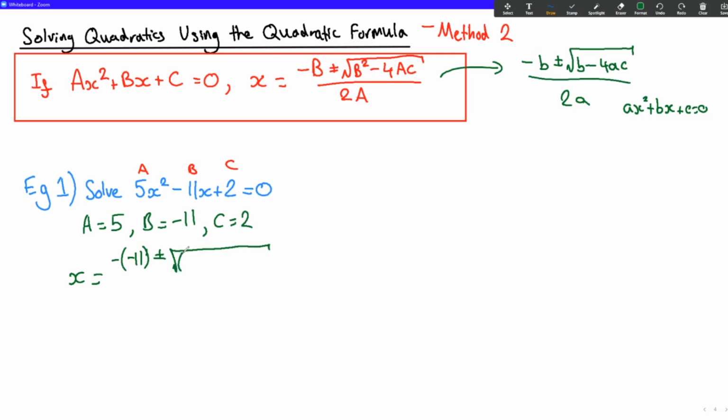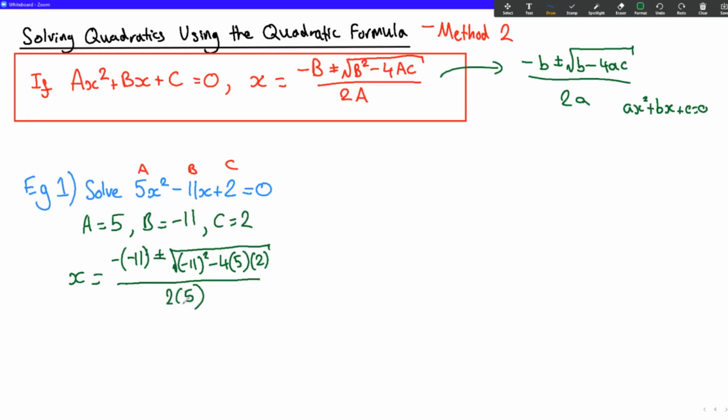Now again we have b squared, so that's minus 11 squared. Minus 4. A is 5, so we put that. And then c is 2. And then over 2 times 5. Like so.